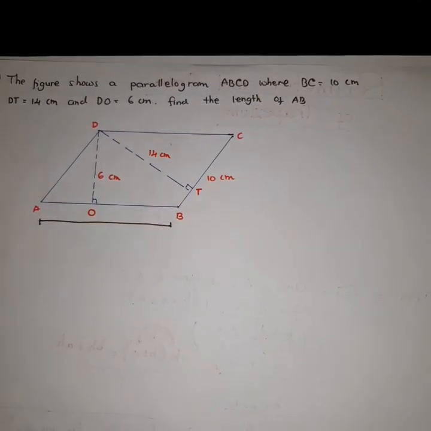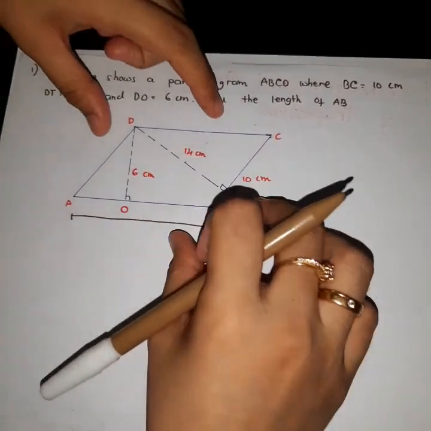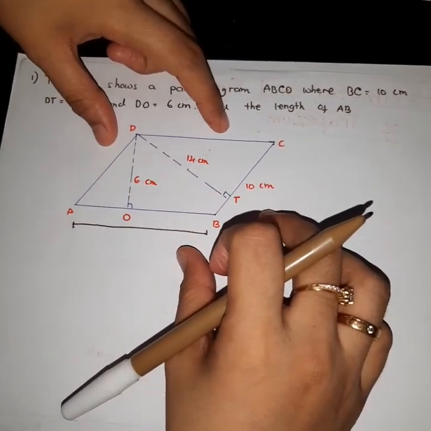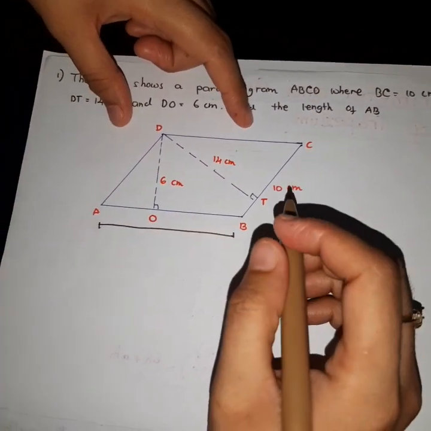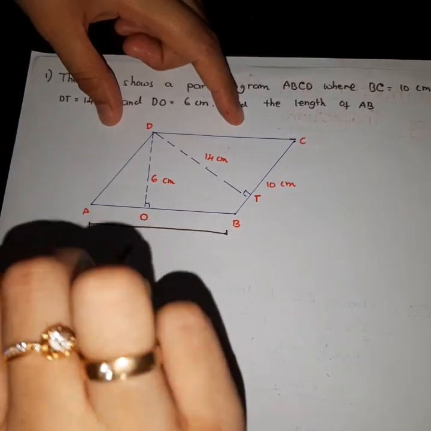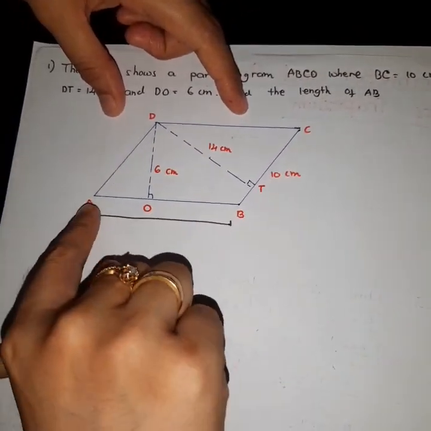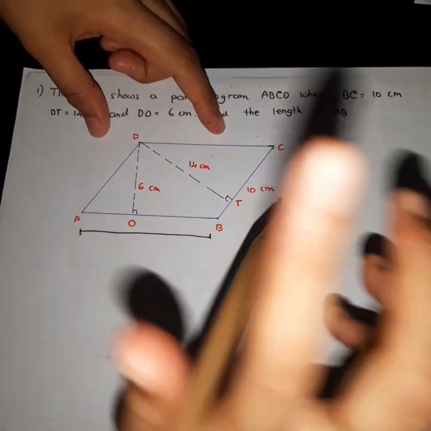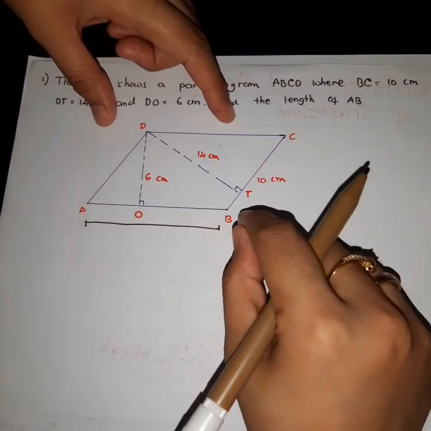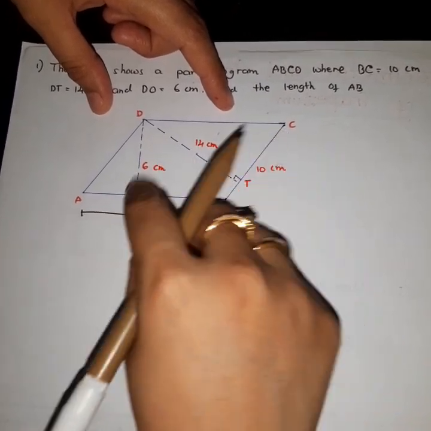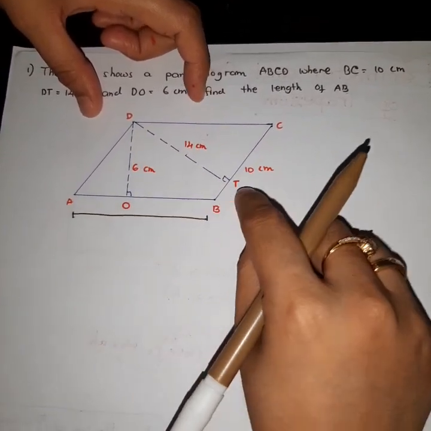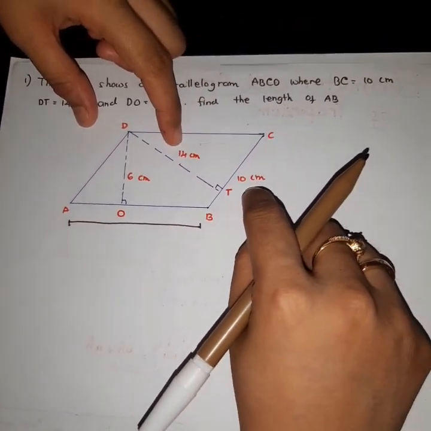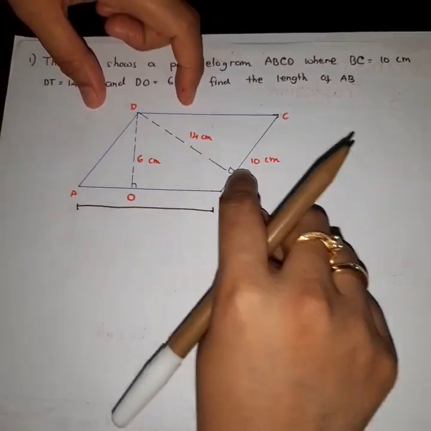We can actually find the area of this parallelogram by using these two heights. We can find the area by using the base AB times 6, and it will give the same result if we find the area using 10 times 14, base BC times the height 14 centimeters.